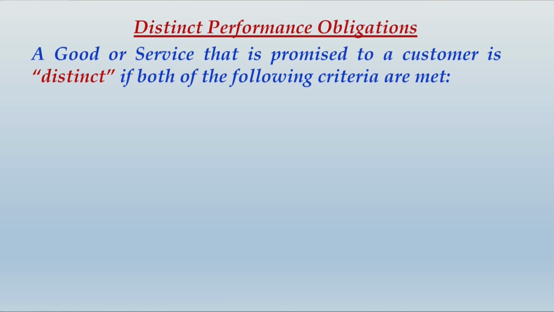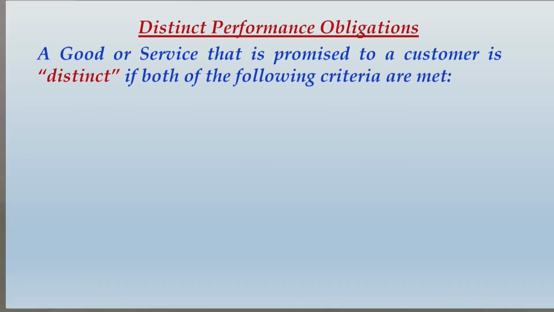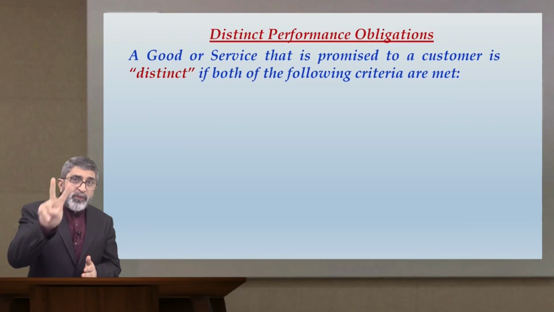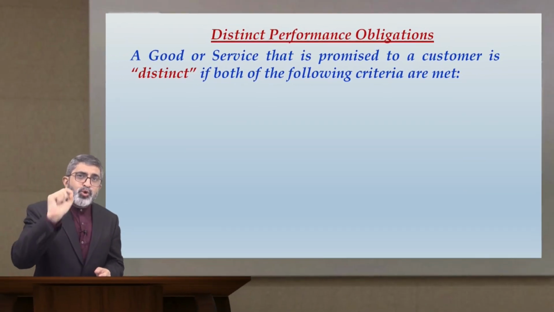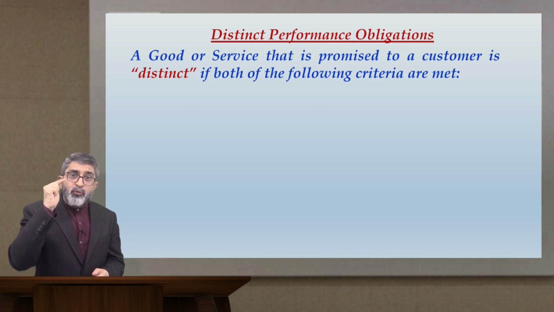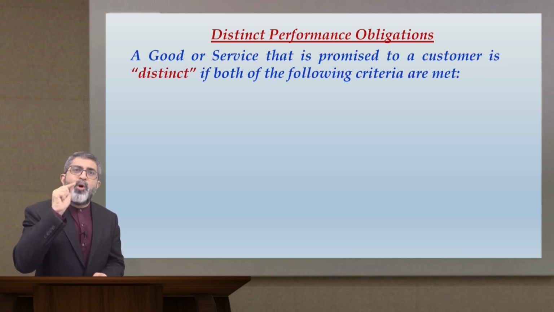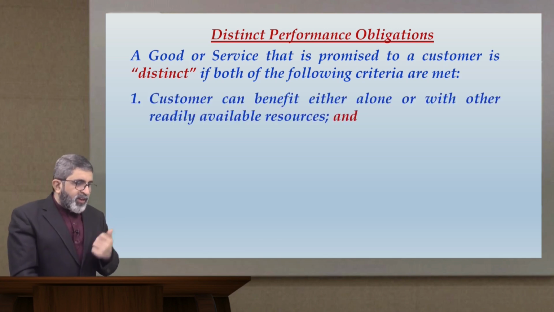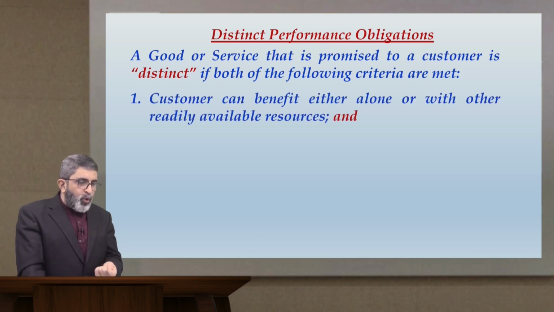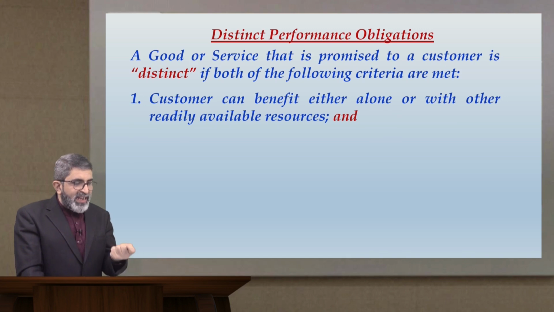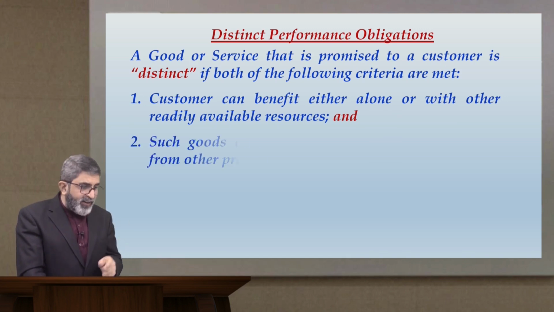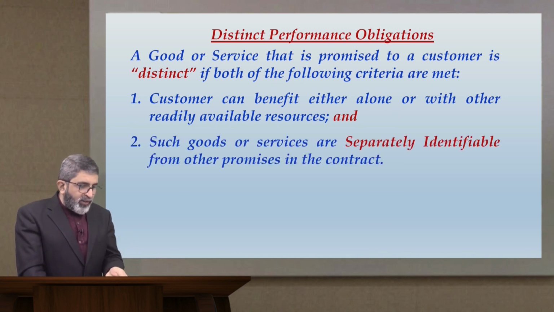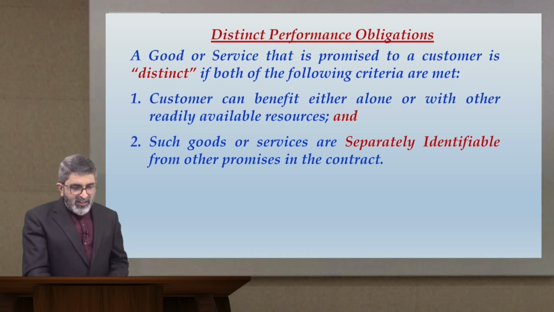When I say both of the following criteria are met, it means I am going to put forward 2 different criteria, and you should be mentally prepared that the word that I am going to put between point 1 and point 2 will not be 'or' but 'and'. The customer can benefit either alone or with other readily available resources, and such good or service or such goods or services are separately identifiable from other promises in the contract.